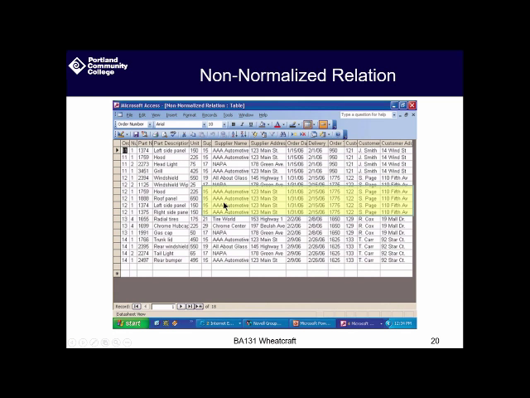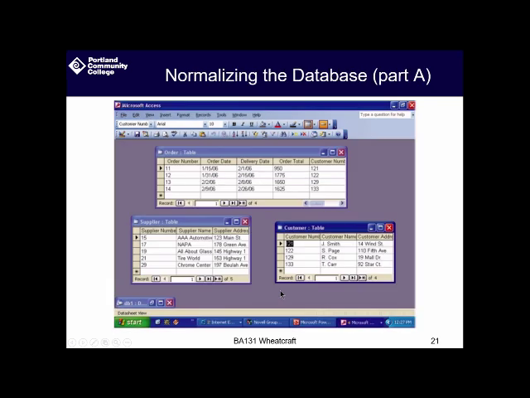Or looking over here, notice this. The supplier name, AA Automotive, the address, all that information, I've got it appearing 4 times in a row, exact same information that someone had to key in. And it's easy to make a mistake when you do that.